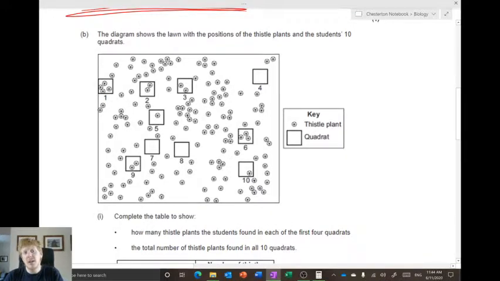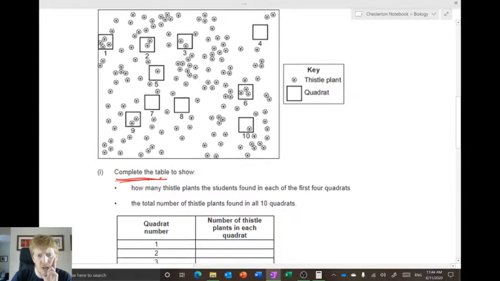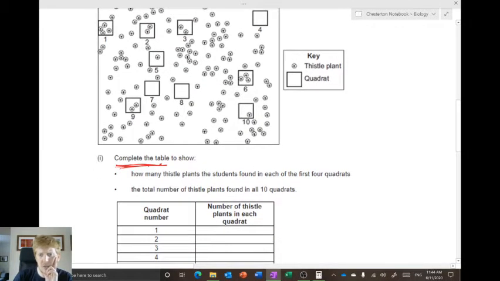All right, so the diagram shows the lawn with the positions of the thistle plants and the students' 10 quadrats. We've got thistle plants, which are the little flower-looking things, and quadrats, which, funnily enough, are the squares. Complete the table to show. Now, this is where your underlining comes important, right? Complete the table to show how many thistle plants the students found in each of the first 4 quadrats, and the total number of thistle plants found in all 10.